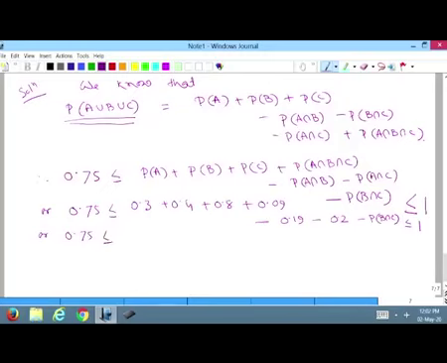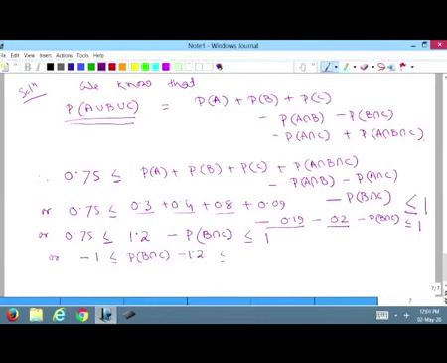Or 0.75 is less than or equal to 1.2 minus probability of B intersection C, which is less than or equal to 1. Or minus 1 is less than or equal to probability B intersection C minus 1.2, which is less than or equal to minus 0.75.